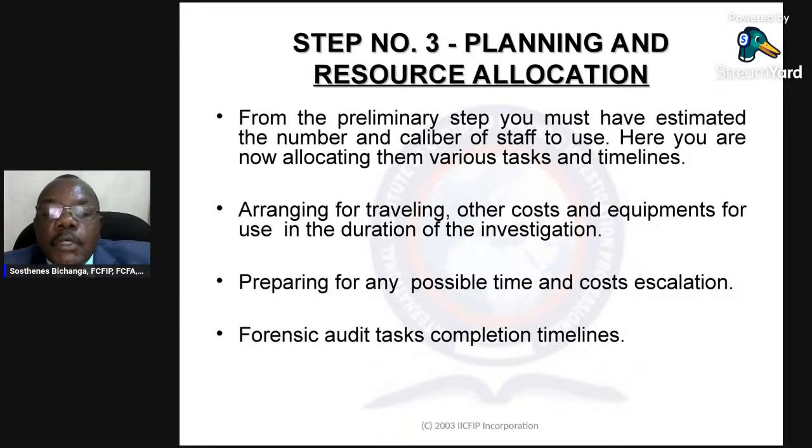Because we might even overspend, complete the investigation perfectly, but find that we have spent so much that we have gained nothing as far as our pockets are concerned as investigators. So we have to really sit down to do the planning so that we have optimum allocation of resources.